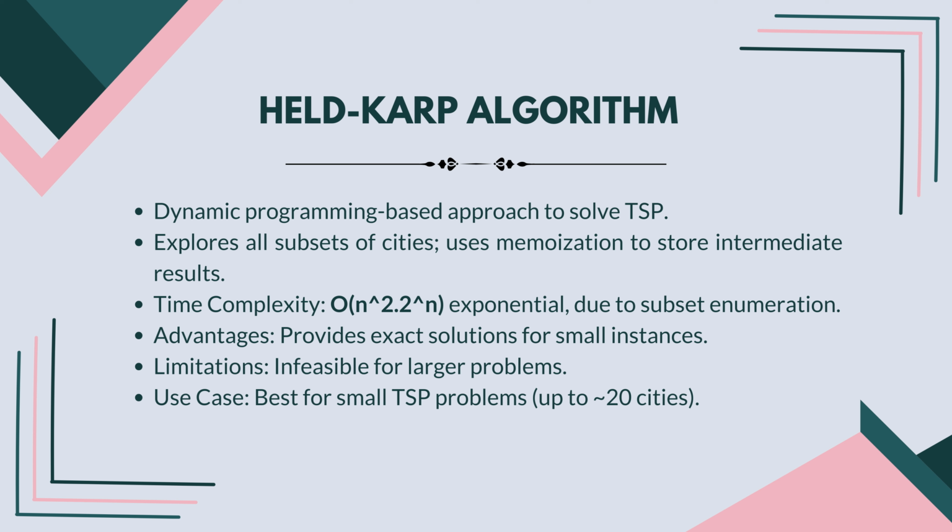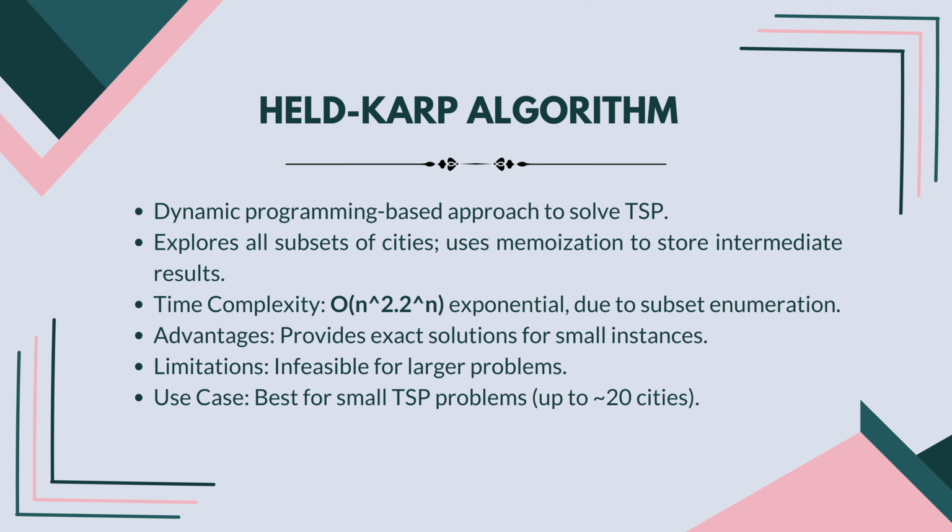Suppose you have four cities A, B, C, and D, and you need to calculate the shortest path visiting all cities. The algorithm starts by calculating the shortest path to subsets of these cities. For instance, it determines the cost of traveling from city A to subsets like BC or CD. It then combines these smaller results into more extensive solutions by incrementally adding cities to the tour.